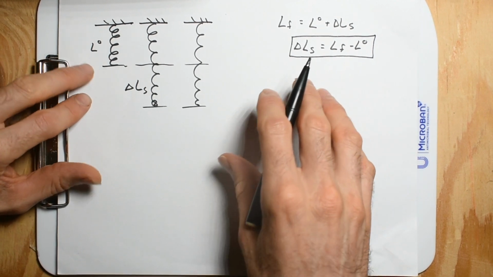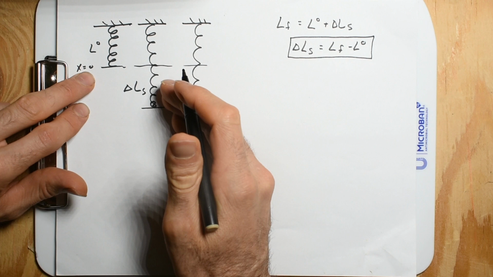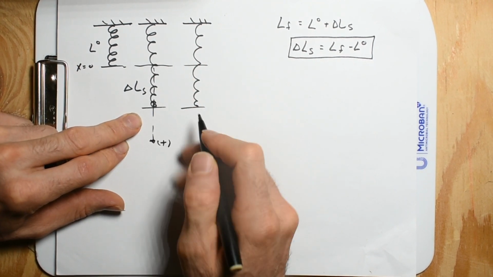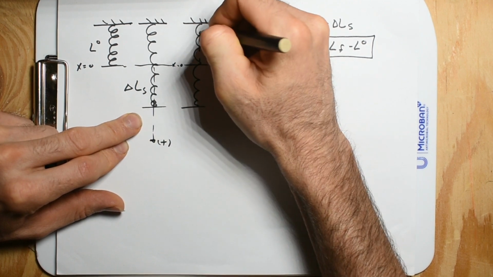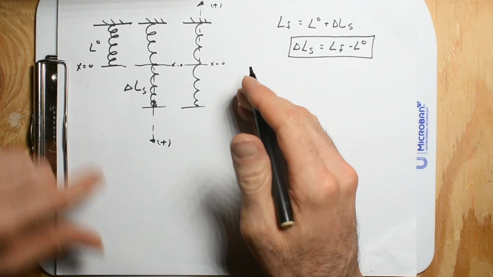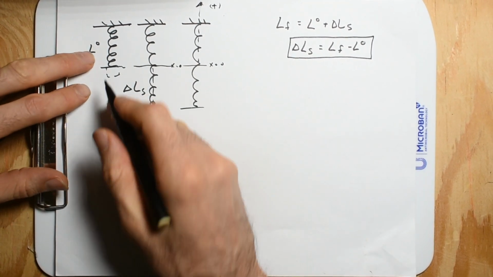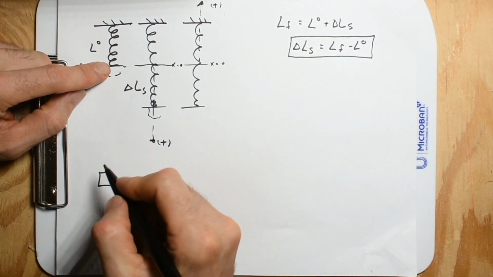Okay, but now we're going to say this is x equals 0. For this one, this is going to be the positive x direction. But for this one, x equals 0, and we're going to say this is the positive direction. Both are going to yield the same thing. We're going to throw the block in here on both of them. If we do a free body diagram, on this one, initially, there's a block and no forces.